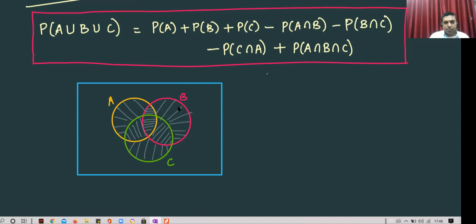So this includes the entire shaded portion, but taken once.